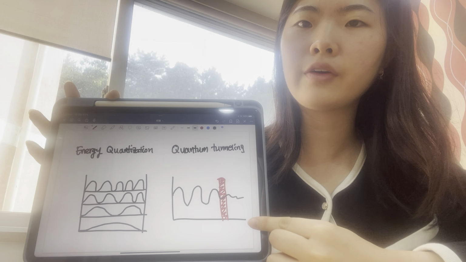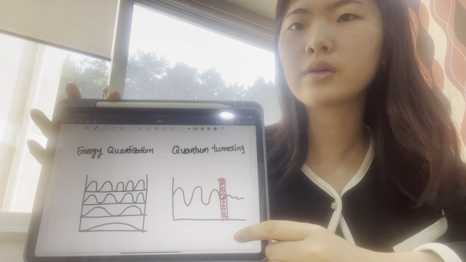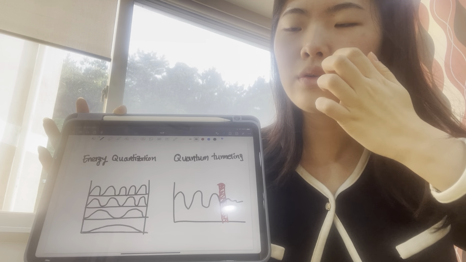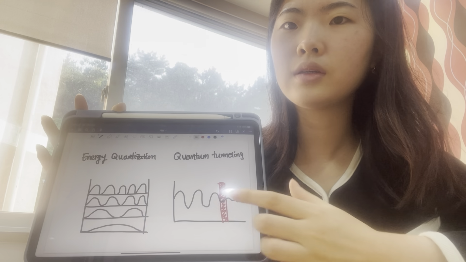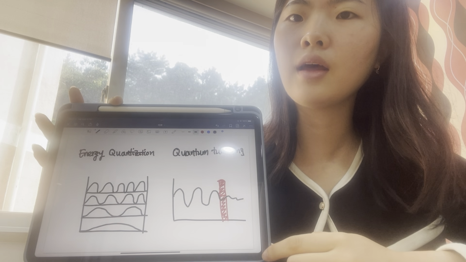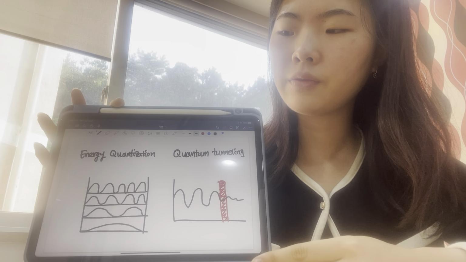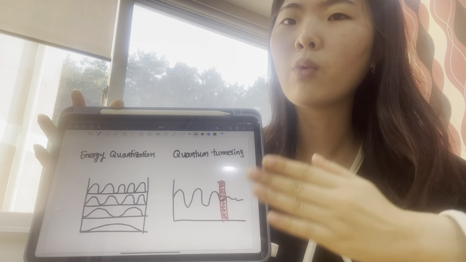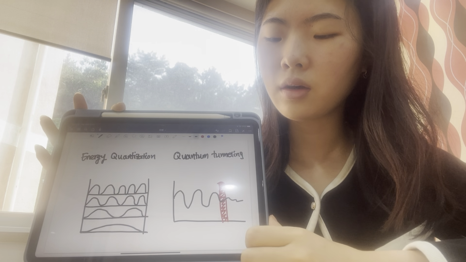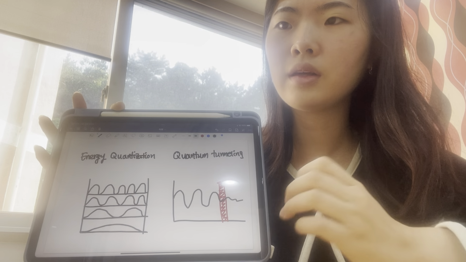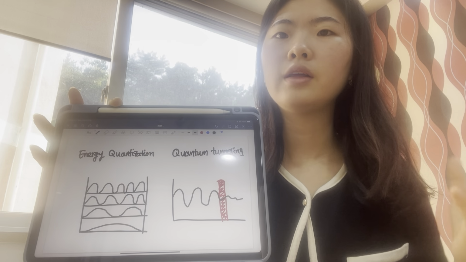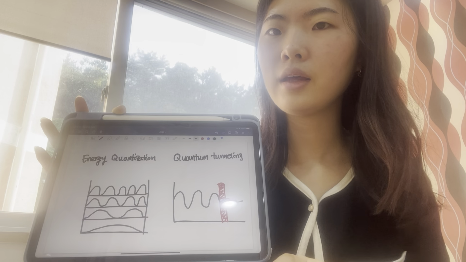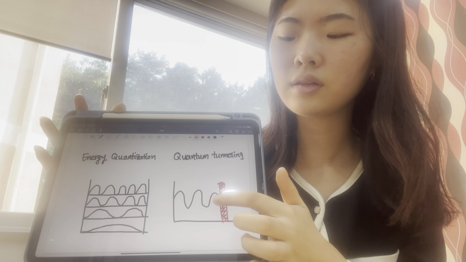And this is the quantum tunnel. This is also a very important concept of our physics. Electron moves like a wave, and when it meets a wall like this, if the electron has enough power, it can tunnel this way.